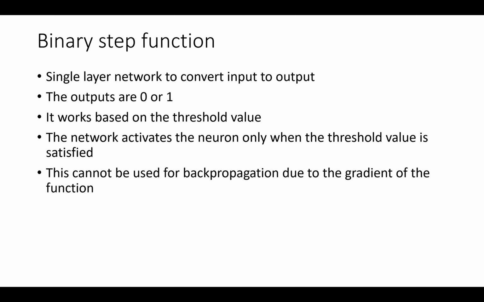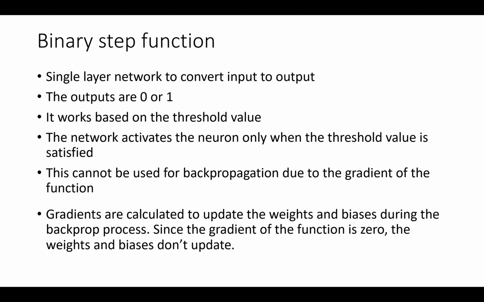So when we try to calculate a gradient of the function, this backpropagation becomes 0 because the gradient essentially calculates the derivative of the function, where there is a higher probability of getting 0 in a binary function. Hence, the error does not get brought back into the system because the function states it is 0, because the gradient becomes 0, and this loop cannot run, hence this cannot be used for back propagation.